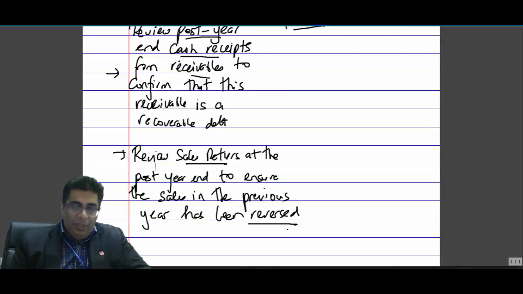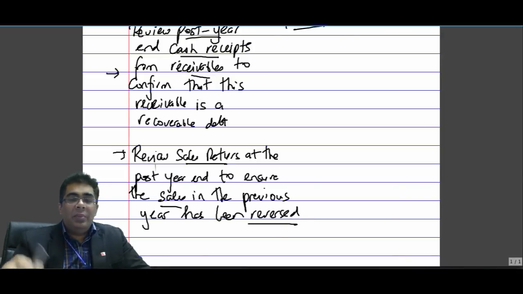What do we do as auditors? We look at whether there have been heavy sales returns, credit notes, after the year end. I want to get a copy of those, to ensure whether they are related to the sales in the previous year, and if they are, I have to reverse last year's sales.